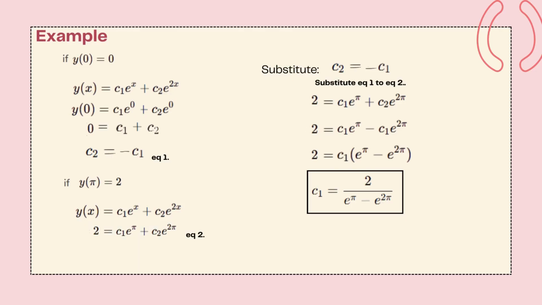Substituting c2 is equal to negative c1, 2 is equal to c1 e raised to pi minus c1 e raised to 2 pi. 2 is equal to c1 times e raised to pi minus e raised to 2 pi. So the answer is c1 equals 2 over e raised to pi minus e raised to 2 pi.